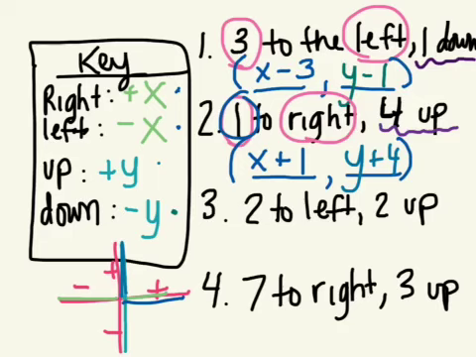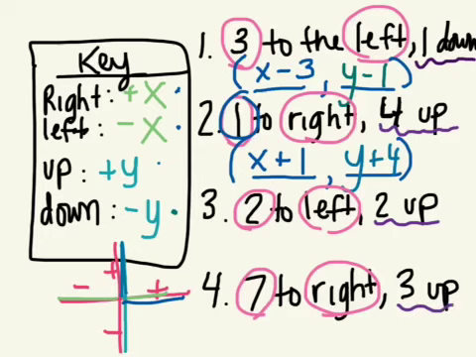If you want to try those for a minute first before I go over them, you can. I have my 2 to the left, 7 to the right, and then 2 up and 3 up.